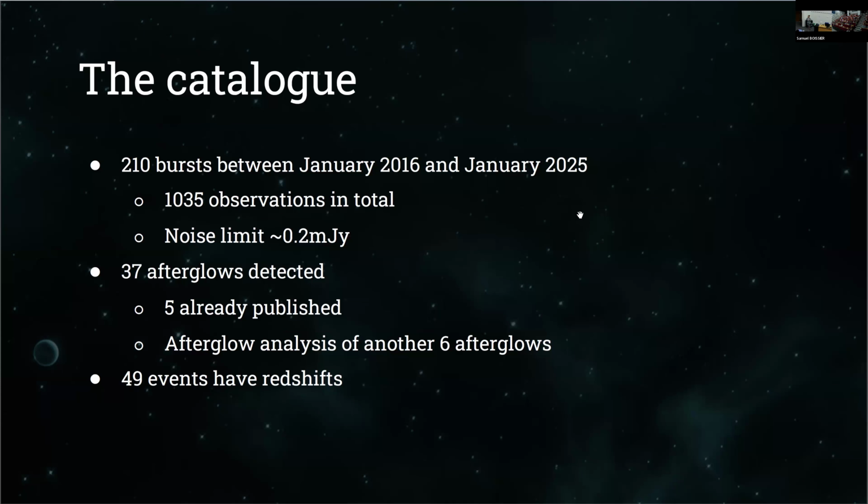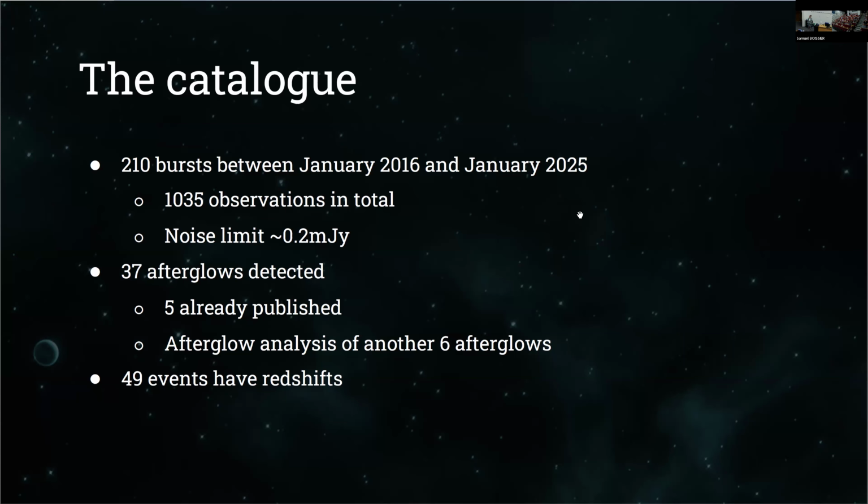Now, the catalog that I'm working on: AMI has been collecting data in this format for many years, and there is a previous radio GRB afterglow catalog that does in fact exist, written by Gemma and published back in 2018. But the group of events that I'm talking about were between January of 2016 and January of 2025, with a gap, obviously, in there for COVID.